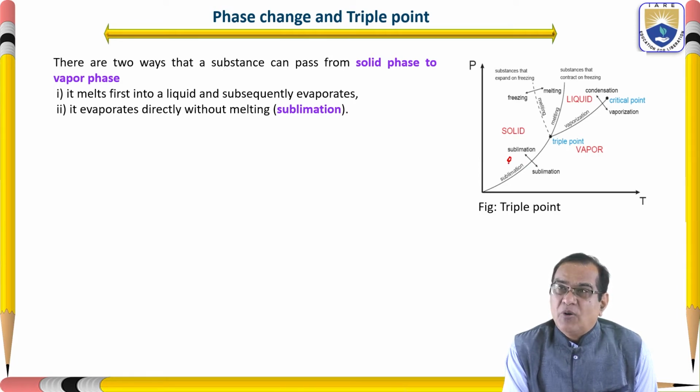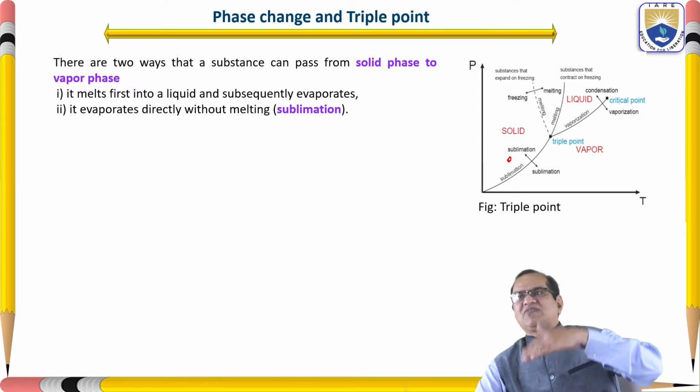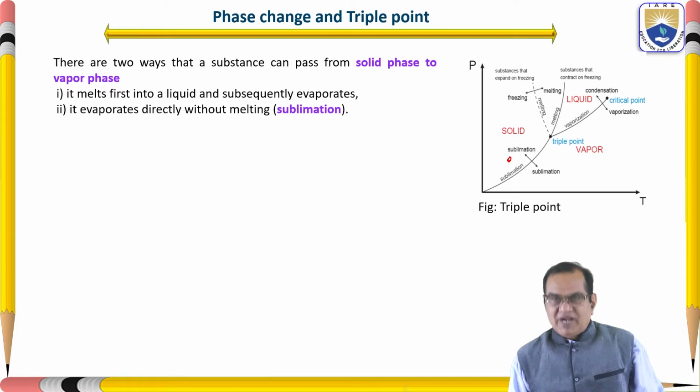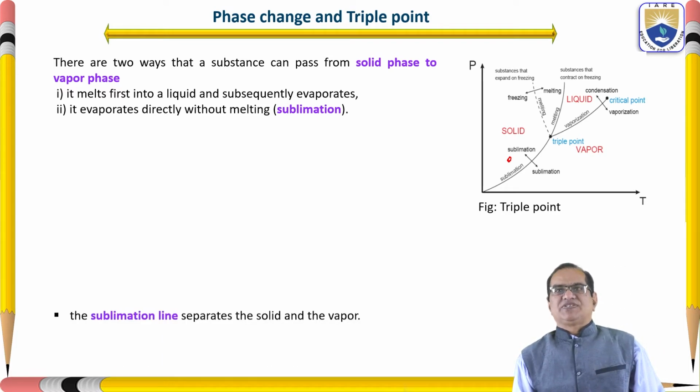If you put a fire to karpur, it will not convert to liquid, it will become gas. So when it evaporates directly without melting, it is called sublimation.